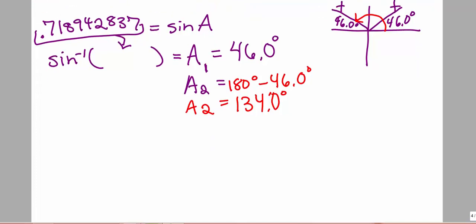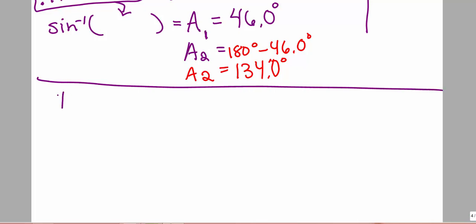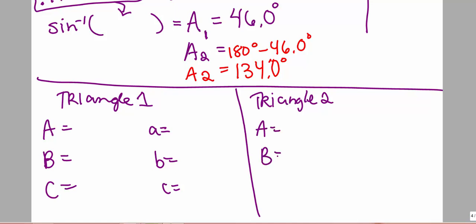So let's set up our two possible triangles and see what will happen here. So triangle 1, triangle 2, and we're going to write out everything that we are given and what we need to solve for. Okay, so let's first establish what we were given for both triangles at the very beginning.